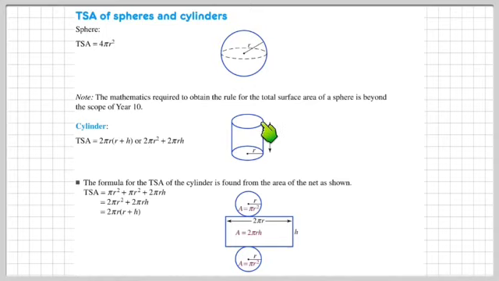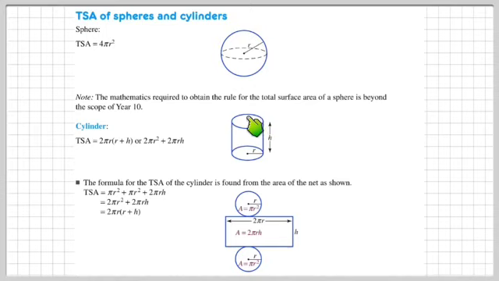Now let's deal with the curved surface here. If you were to first of all get a can opener and take the top off and take the bottom off, you would just end up with this curved surface here. Now, if you were to slit that down there and then fold it out, you'd get this shape here. Now you've got to go back and have a look.